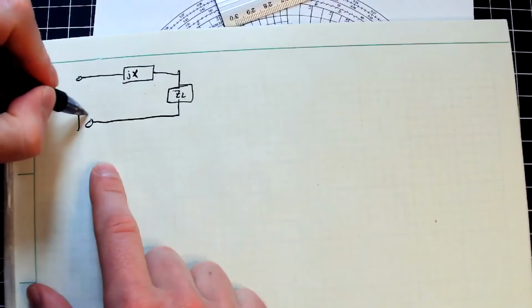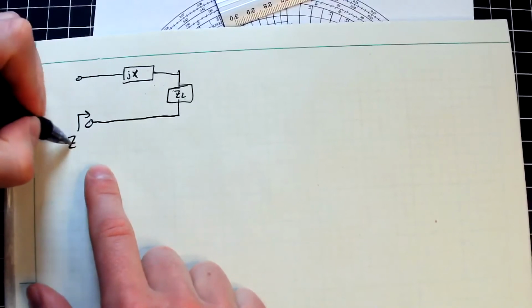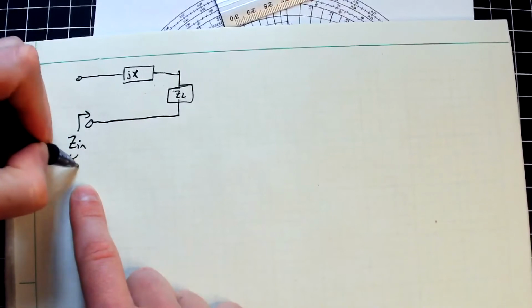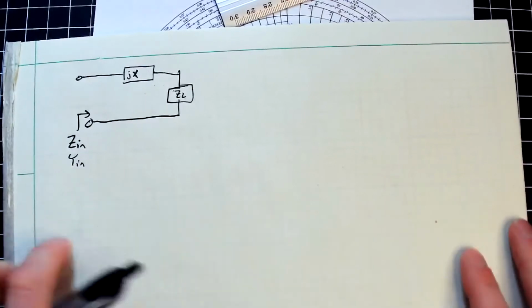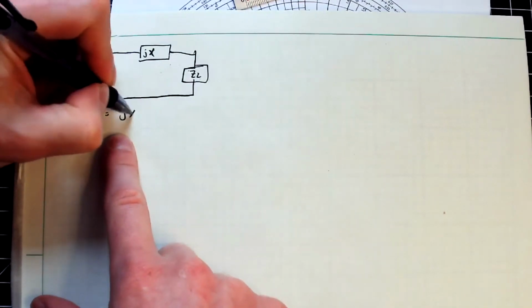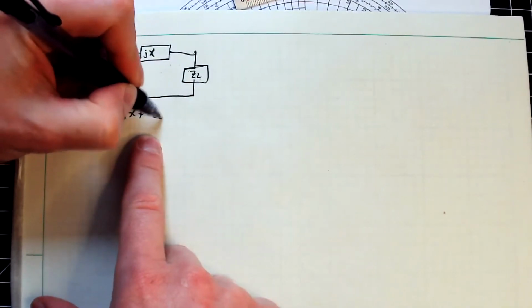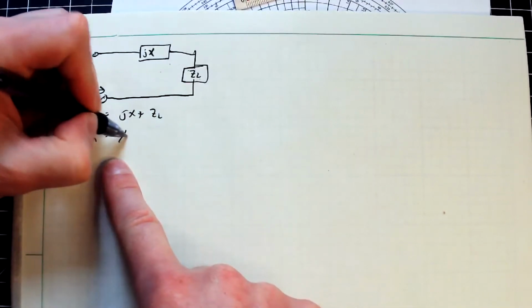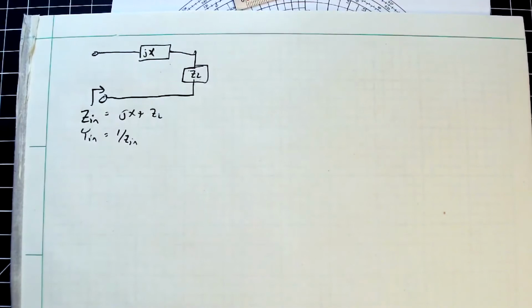If I'm looking down into here, there is some equivalent input impedance and input admittance here. Remember, this is just going to be jX plus ZL, because it's in series, and then the YN will just be 1 over that. So let's go back to my screen share.